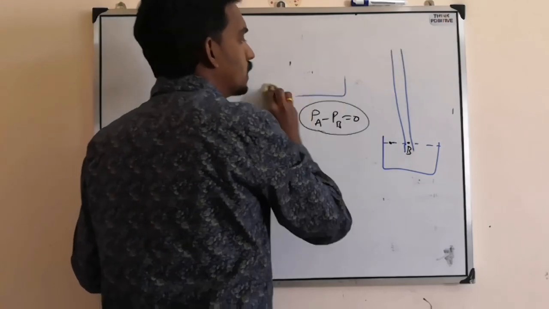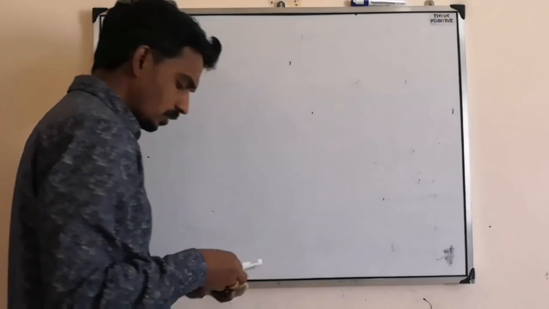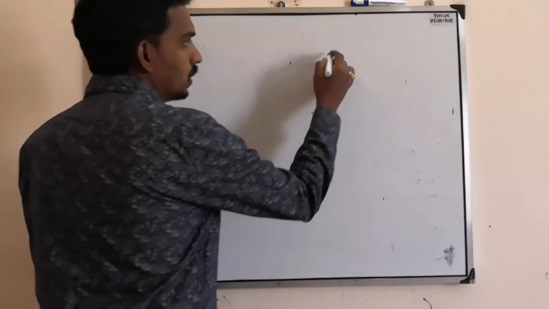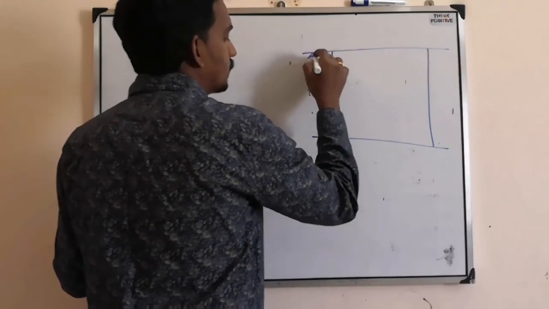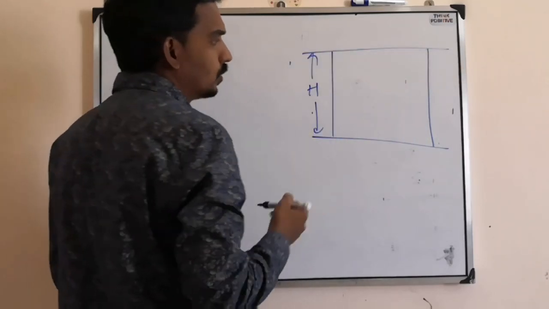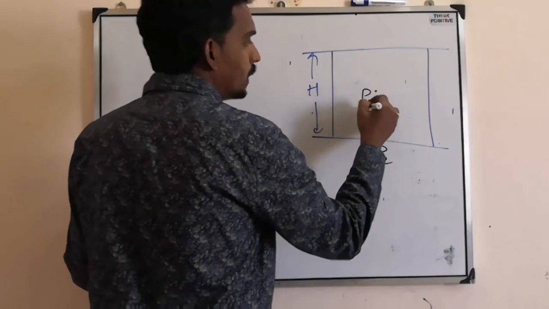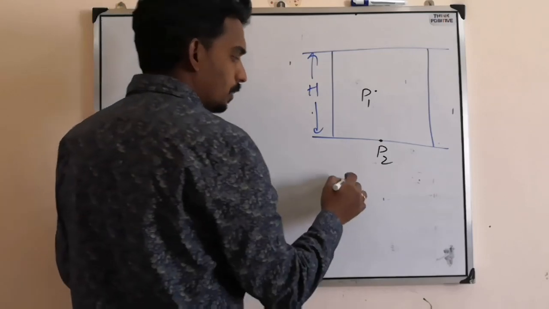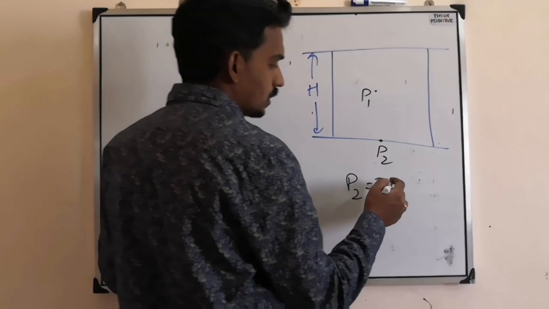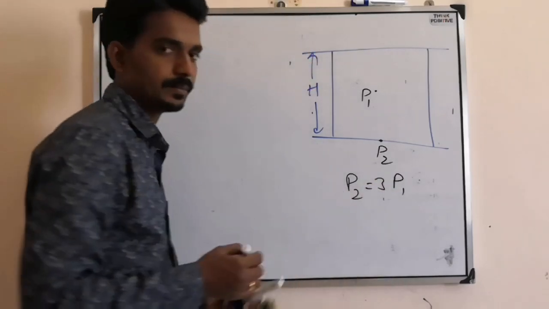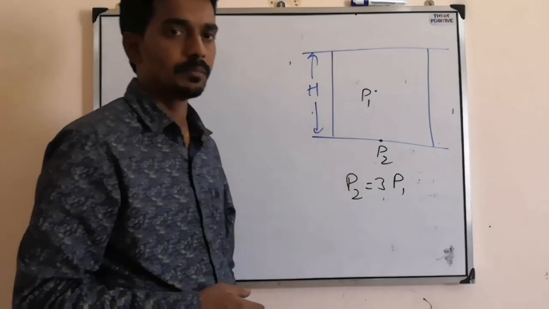So that way simple logical questions will come based on Pascal's law. That is like application of Pascal's law to any question. Now one more simple question also I will tell you. Suppose there is a lake. The depth is capital H. Now the pressure at bottom is P2, the pressure at midpoint is P1, and P2 is 3 times or 4 times that of P1, or double that of midpoint.